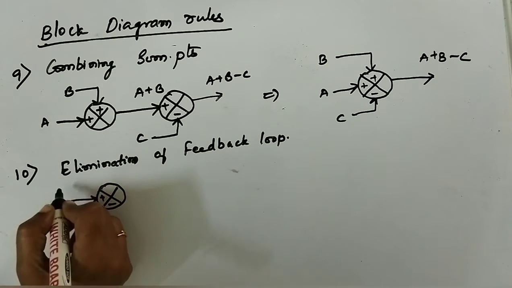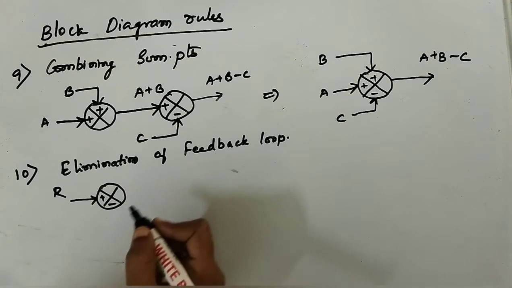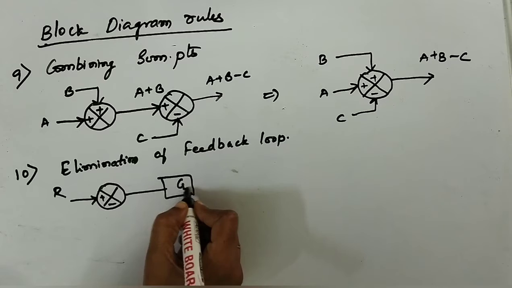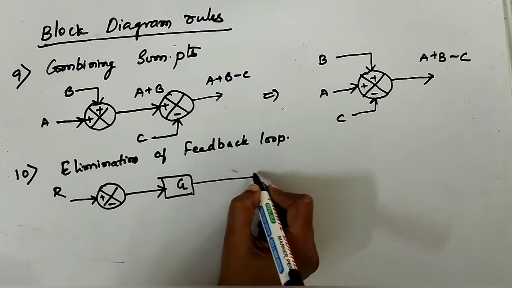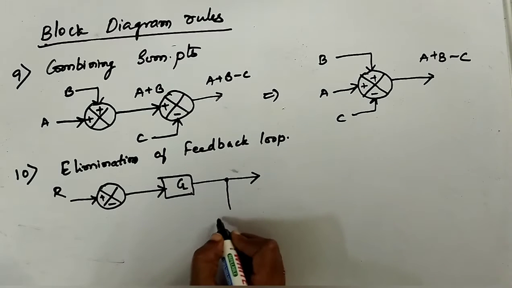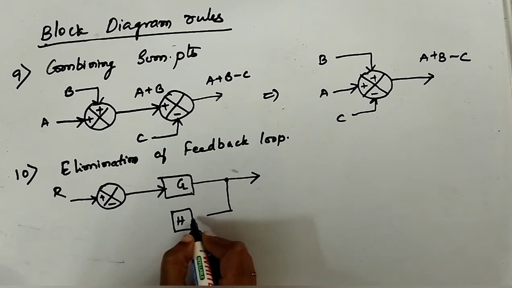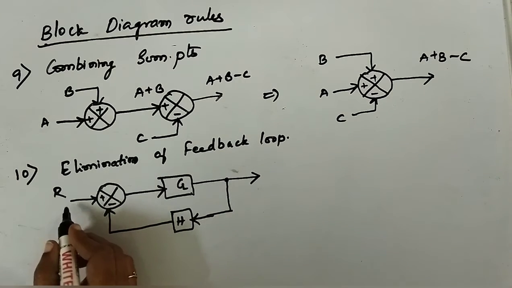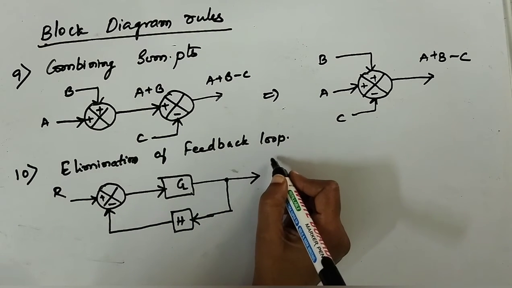This is a summing point with R as input and C as output, followed by the block G. This is the branch point. R is the input here and the final output is C here.